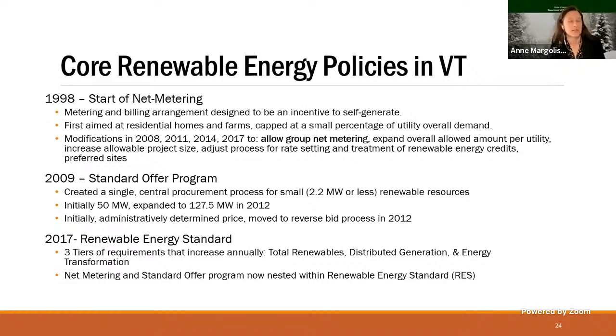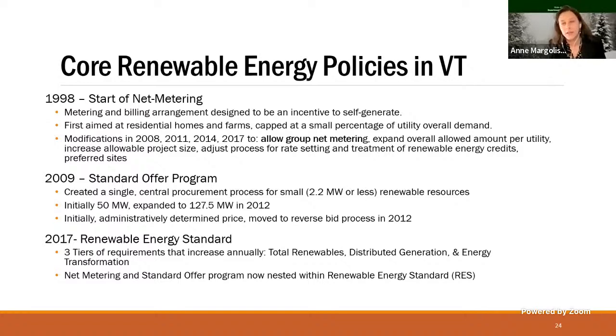Net metering really got its start in the later 90s. Started out pretty simply, as did many of the net metering programs in the country. Really, it is designed to allow a customer to offset their electric load through self-generation.